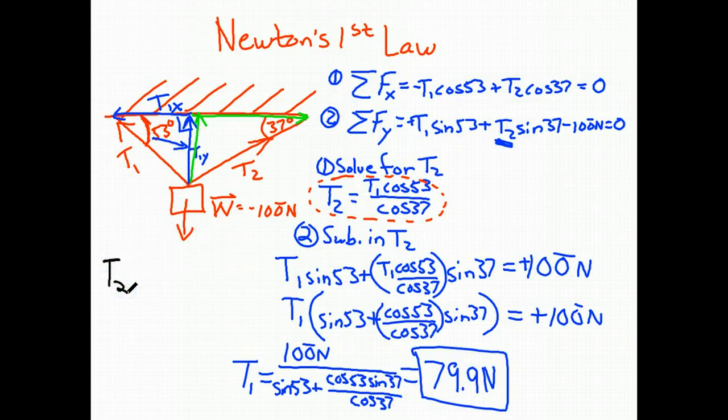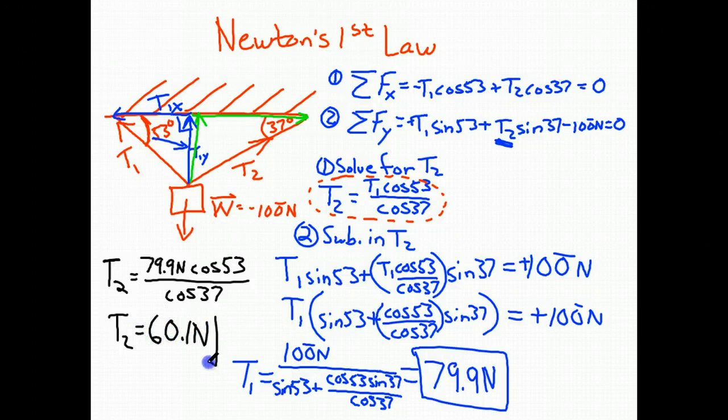So T2 is equal to 79.9 newtons times the cosine of 53, all divided by cosine of 37. Now when you multiply that out, you will actually end up getting 60.1 newtons. And those are your two answers, T1 and T2.